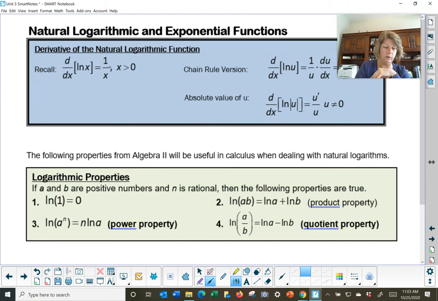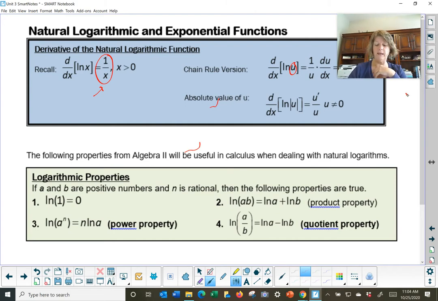What we worked with earlier in chapter 2 was the simple version of natural log, the derivative of natural log x. And we knew that that gave us 1 over x. What happens though if we have some function that's a little bit more colorful than just x?